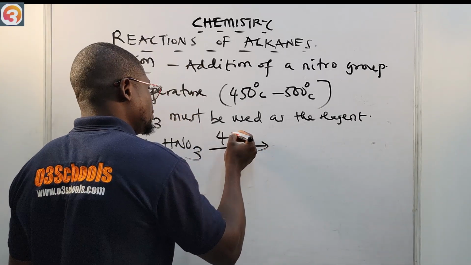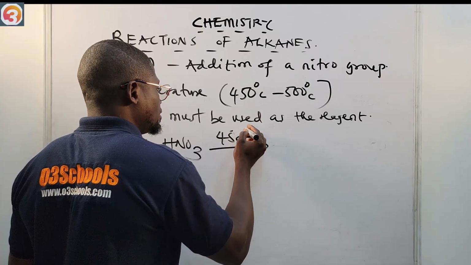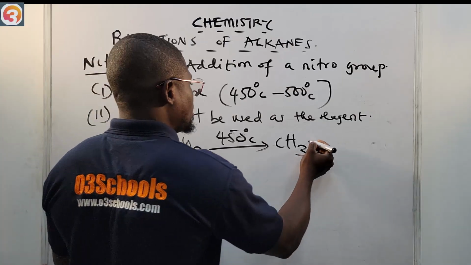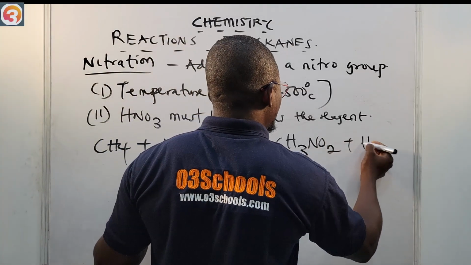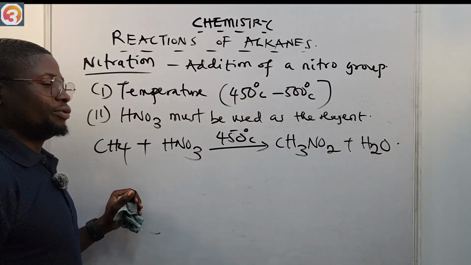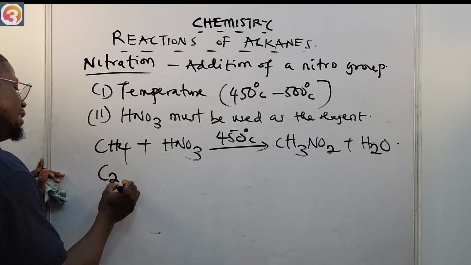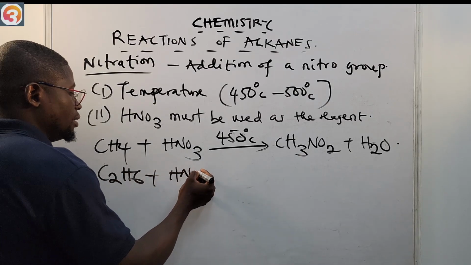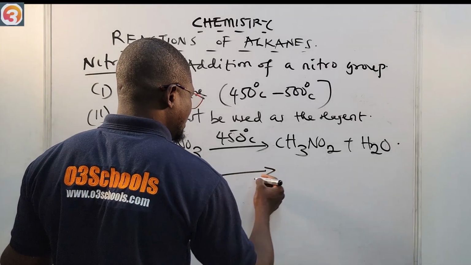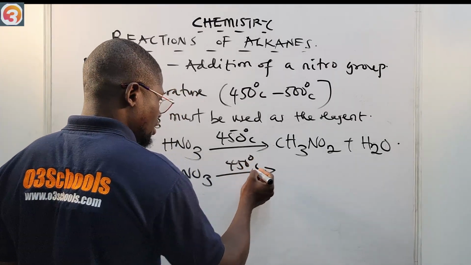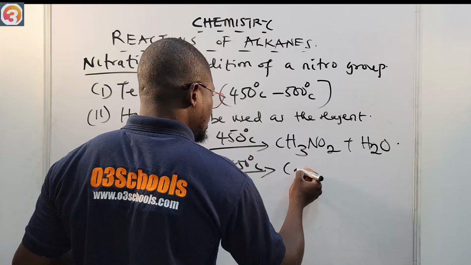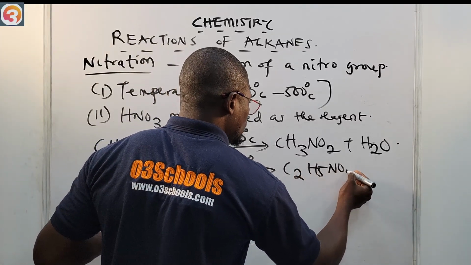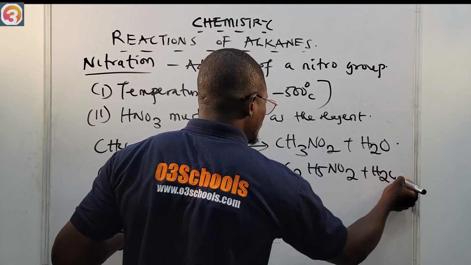The temperature here is 450 degrees Celsius. So what am I going to have? I'm going to have CH3NO2 plus H2O. This will be our product. Then, for example, ethane, C2H6 plus HNO3, at the same temperature, 450 degrees Celsius, will now give us C2H5NO2 plus H2O.